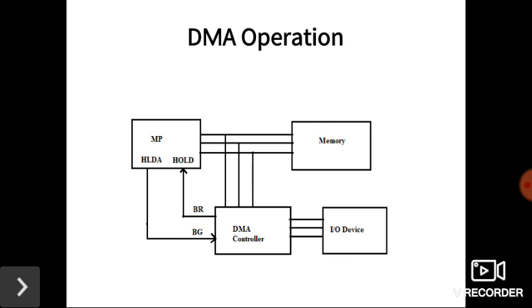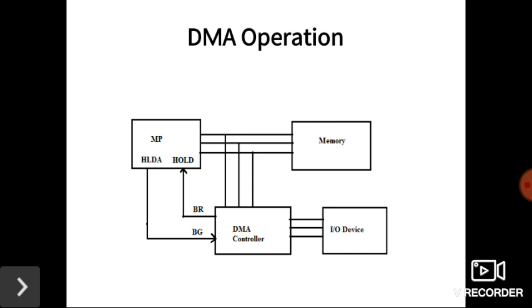When the DMA controller receives the hold acknowledgement signal, it takes care of direct data transfer between memory and the input-output device. The DMA controller sends back the DACK signal to the peripheral devices, which is required for DMA operation.